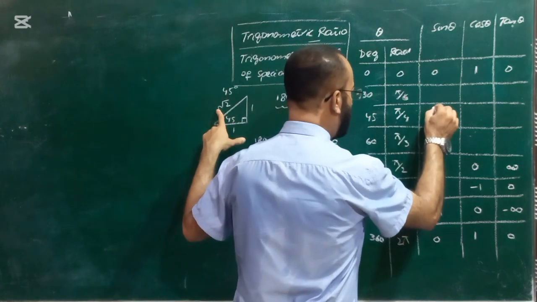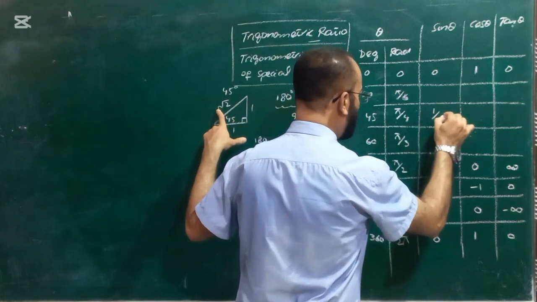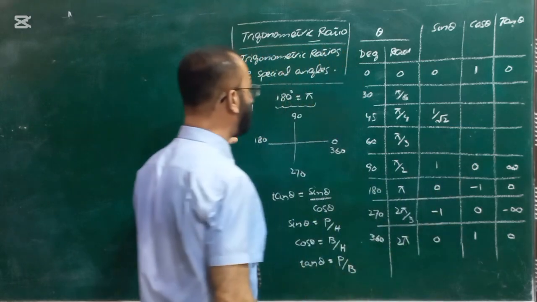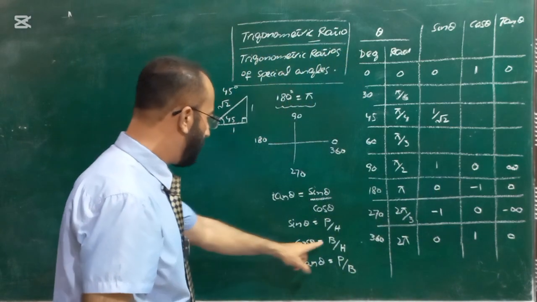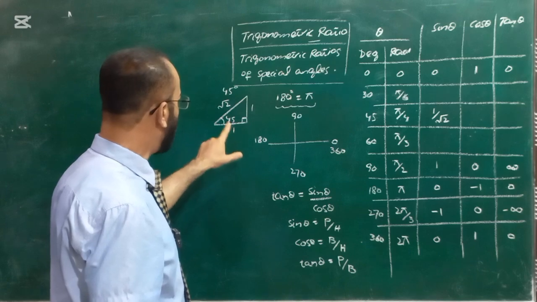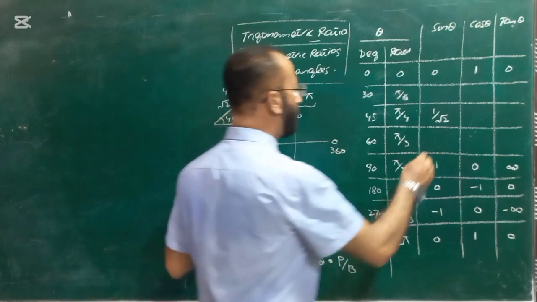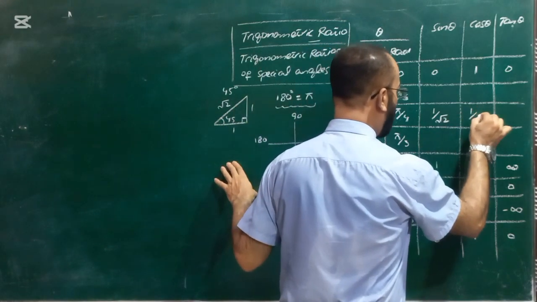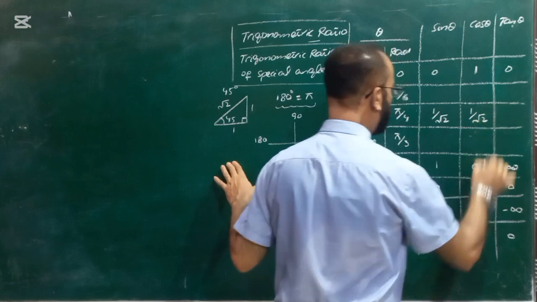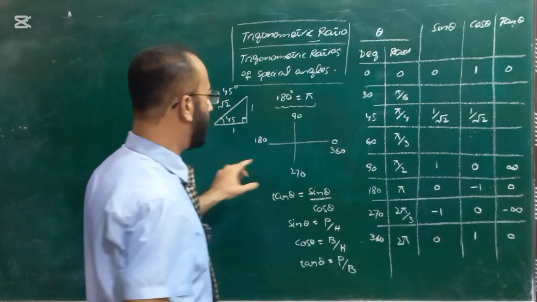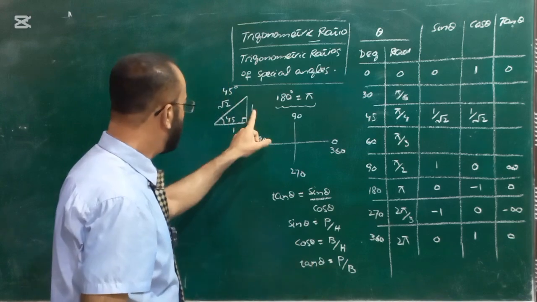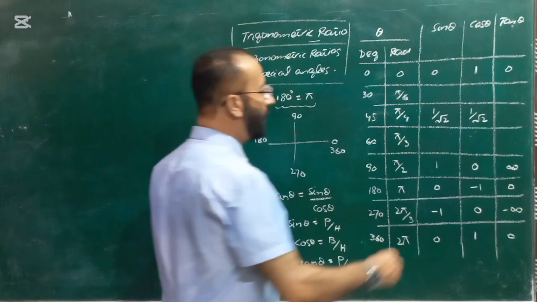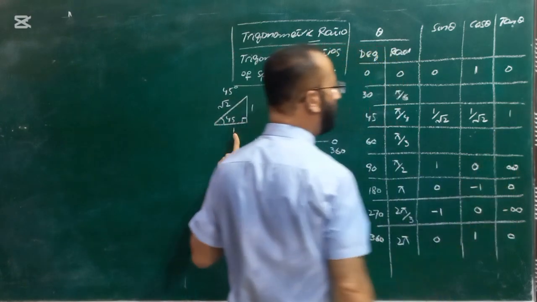So sine 45 is 1 over square root 2. Cos theta is base over hypotenuse, so 1 by square root 2. So cos 45 is 1 over square root 2. And tan 45 now, the formula is perpendicular over base, 1 by 1. That will be equal to 1.